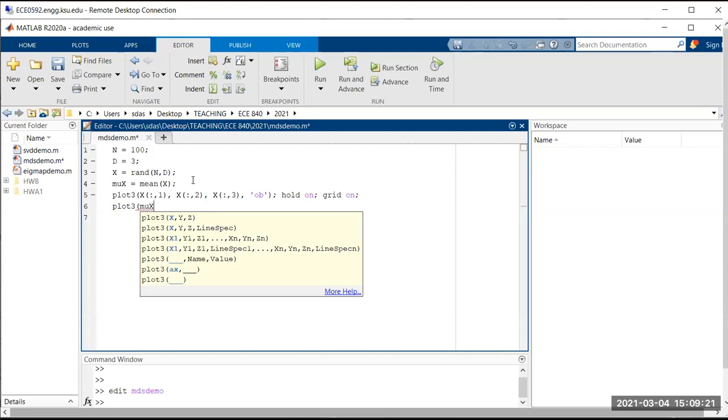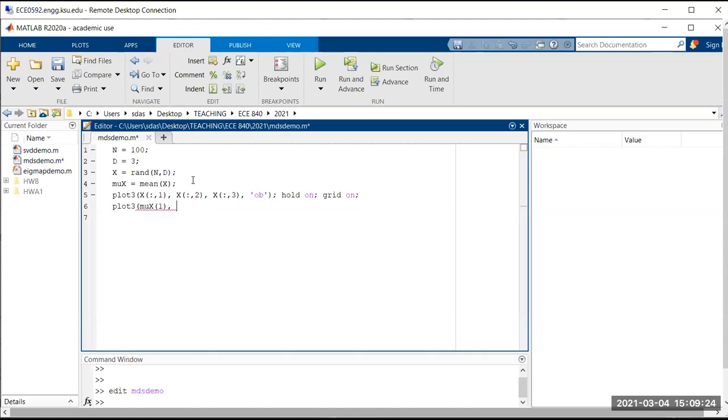Mu x1, mu x2, mu x3, and we'll plot them maybe as pentagons or hexagons in red.